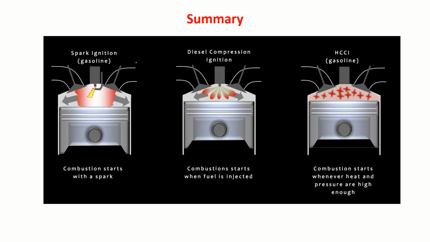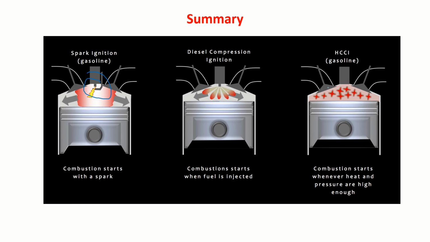So in a spark ignition gasoline engine, that's why we are using a spark plug. You know, a diesel engine is also known as a compression ignition engine. Nowadays HCCI, right? Homogeneous charge compression ignition, that is also there.